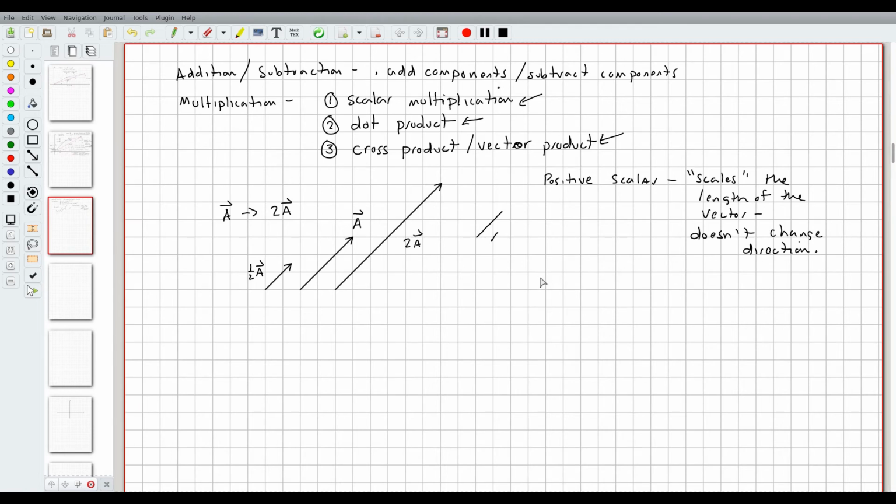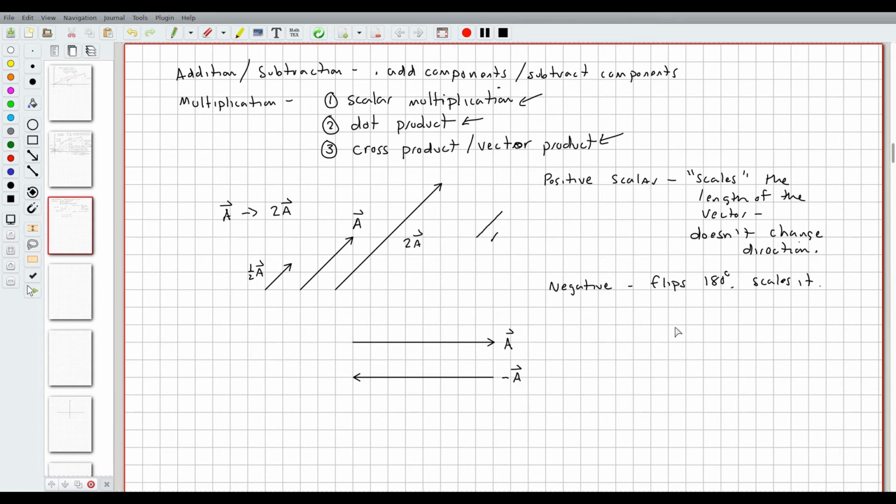Okay? Now, a negative flips it 180 degrees and scales it. So, for example, if this right here were the vector A, this right here would be minus A. So, let's play a game.